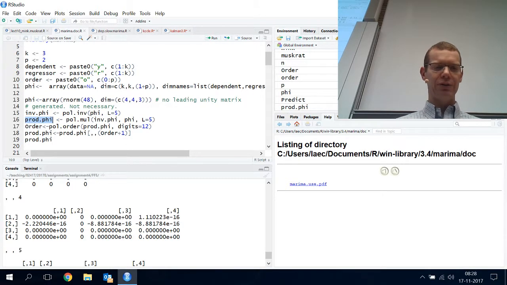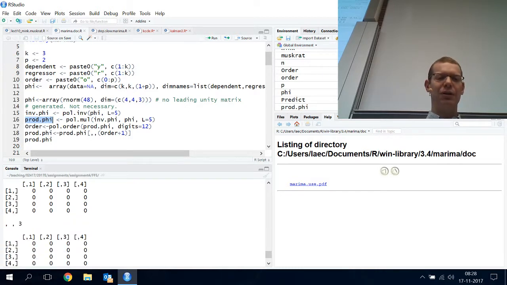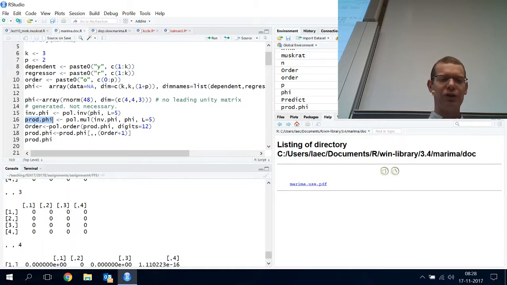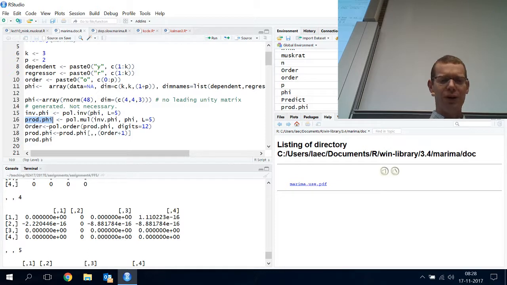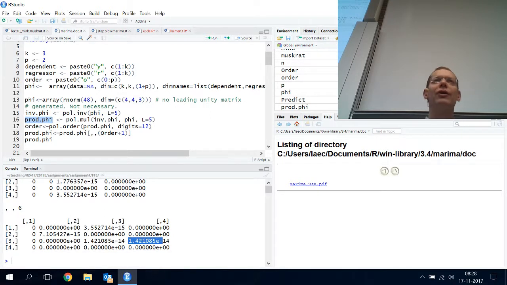then what I get out is, well, first I get the identity matrix that I expect, but then lag 1, zeros, lag 2, zeros, lag 4, I get some small numbers. 10 to the minus 16. 10 to the minus 15 when I get to lag 4, and when I get to lag 5, again I get 10 to the minus 14.